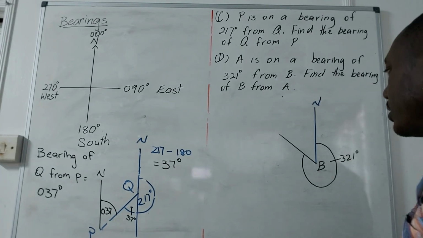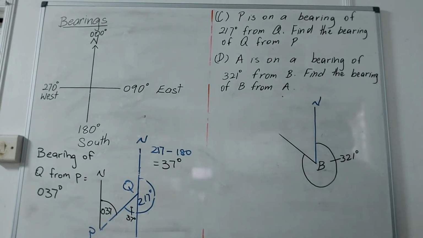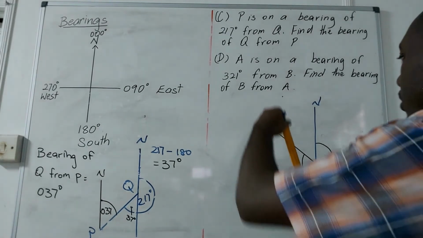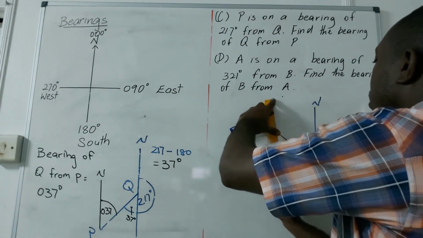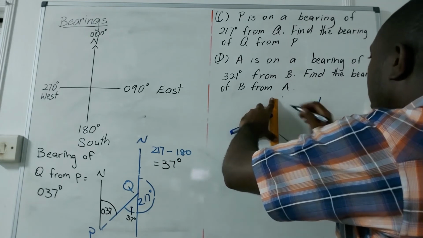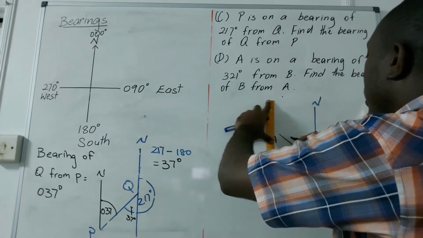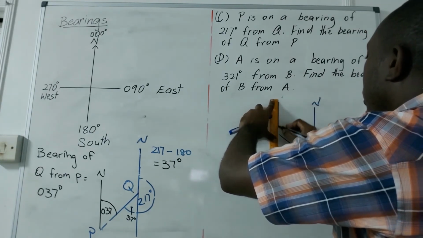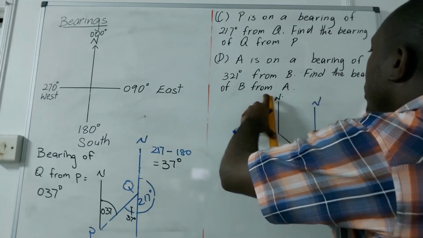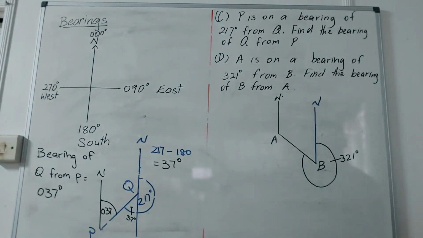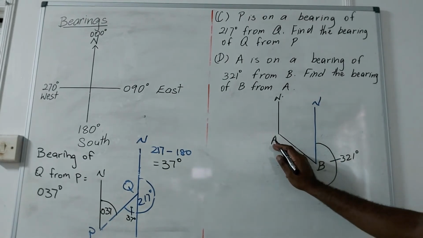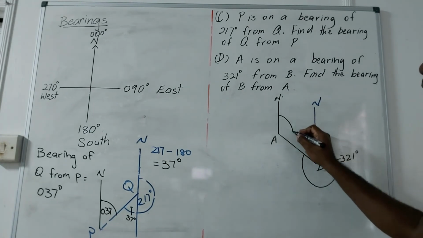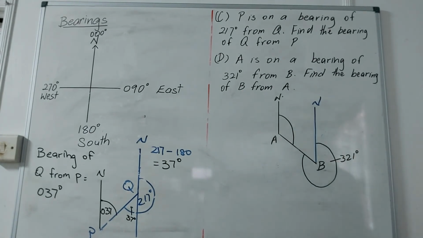So here is A. If we want to find the bearing of B from A, with A being our starting point, what we're asking for is this angle there.